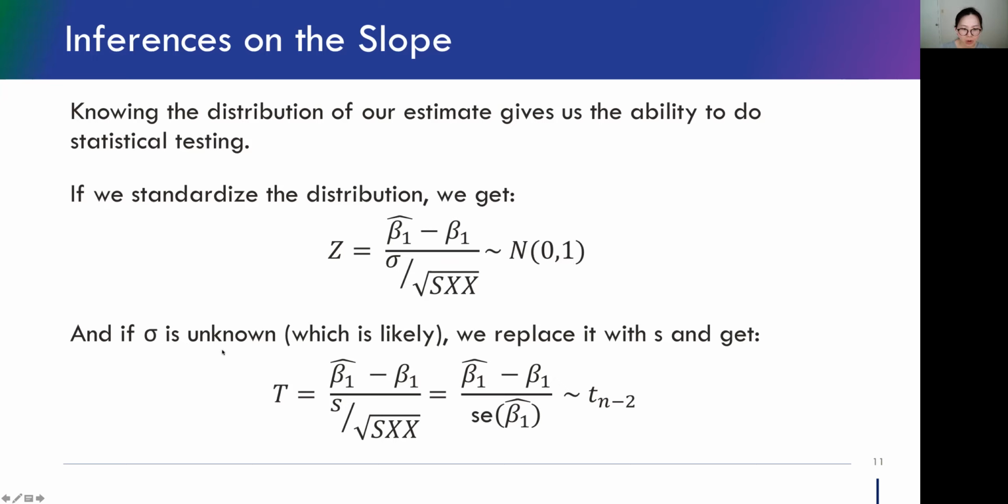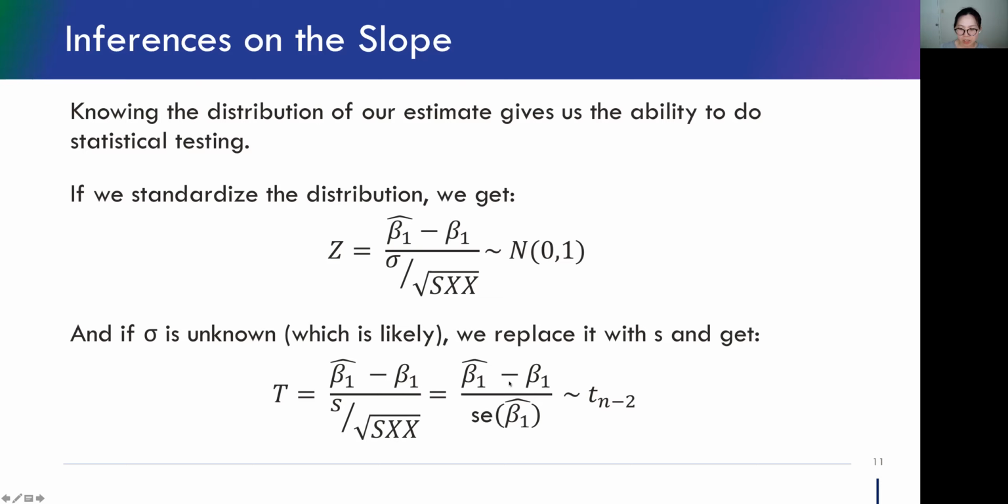And if sigma is unknown, which in our case it is, we replace it with the sample standard deviation. Previously we got S squared, the sample variance. Now we use S to replace sigma, and we get a t distribution. Hopefully you still remember this from a basic statistics course: when sigma is unknown, you replace it with the sample standard deviation, and it becomes a t distribution.